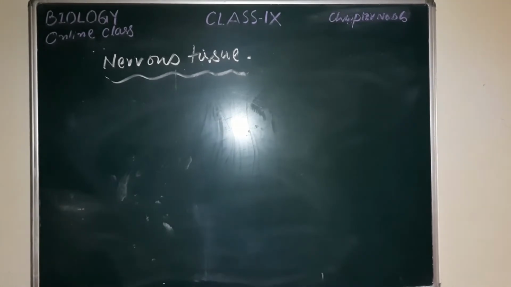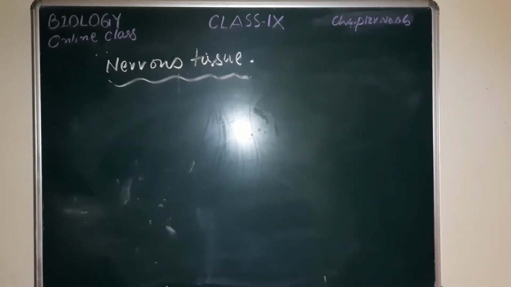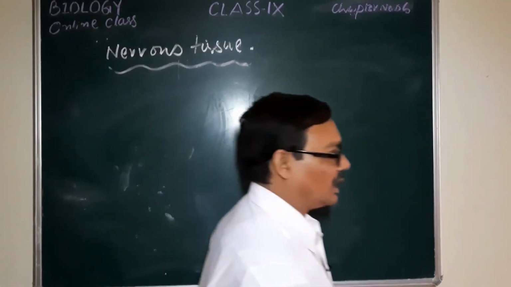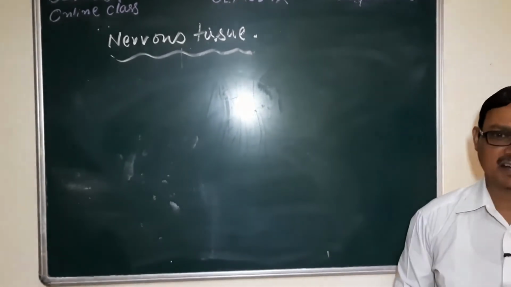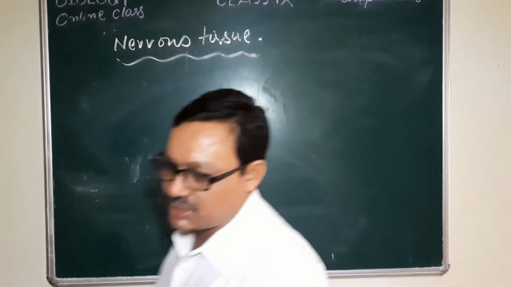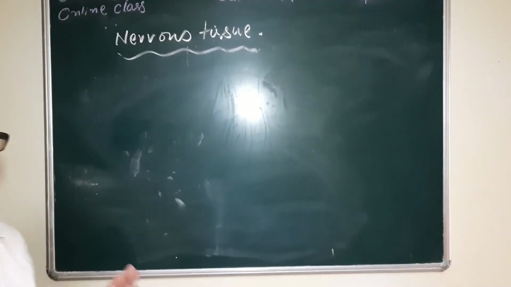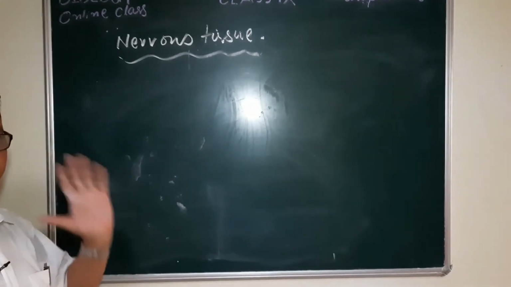The nervous tissue is such a type of animal tissue which is considered as the responsive tissue. It can take responses.